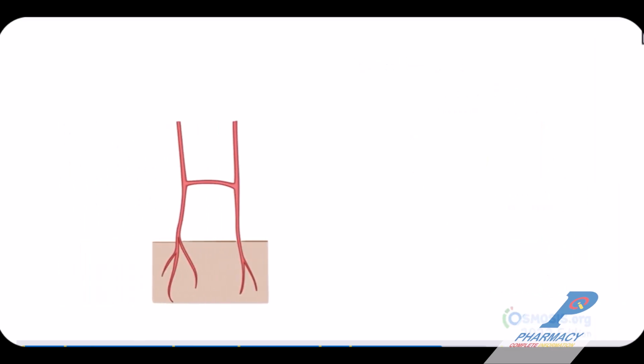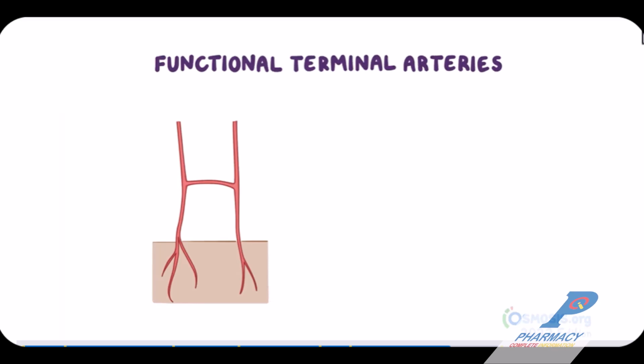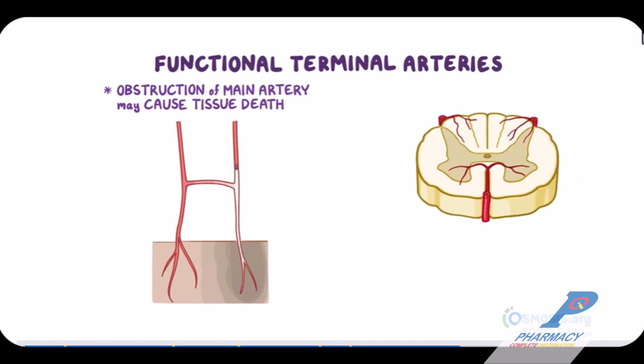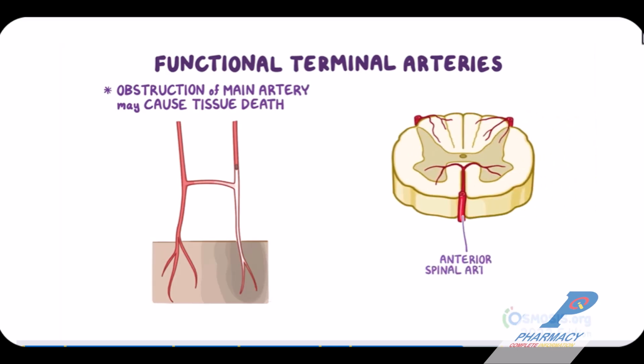Sometimes, blood vessels may form an anastomosis, but it's ineffective or insufficient. These vessels are called functional terminal arteries.